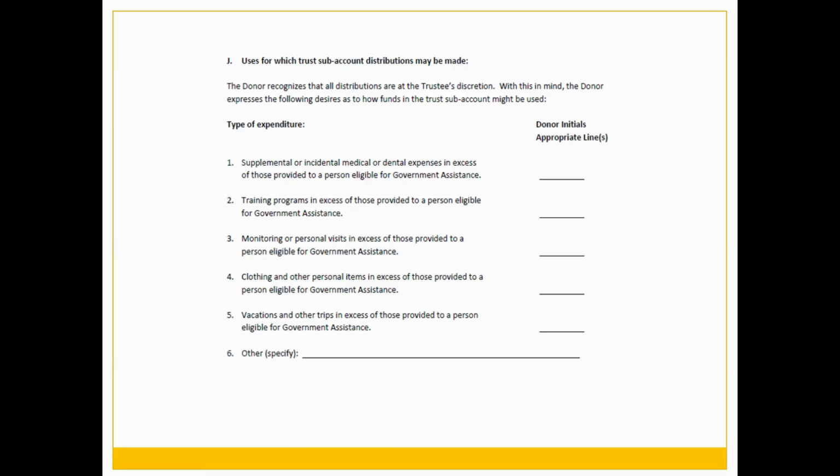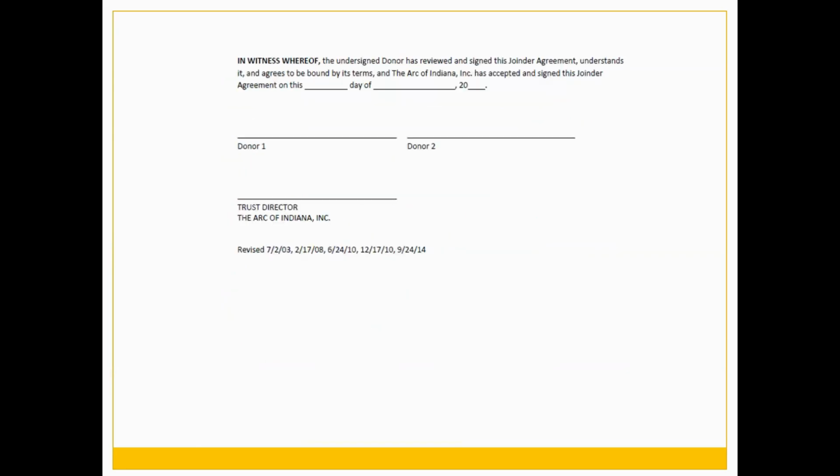For example, number 1 talks about a scenario where the beneficiary might receive a bill for medical expenses. The beneficiary's insurances have been billed and there is still a remaining copay. By initialing on this line, the donors are then saying that the trust can be an option to pay that bill should that scenario happen.